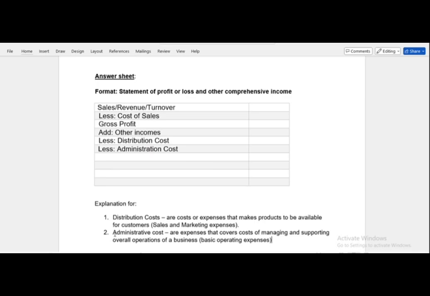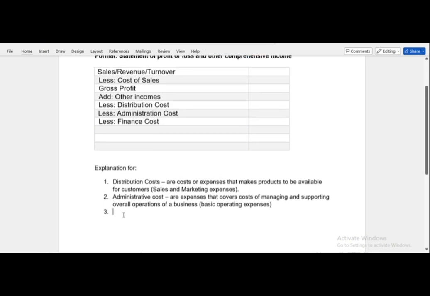All right. And then number three, we have to less finance cost. Finance cost. So what are finance costs? Let's go there and explain finance cost.